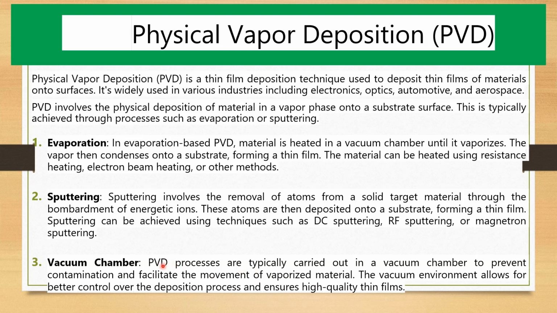So, vacuum is important to stop the contamination from impurities, and as well as a vacuum is better for the movement of vaporized atoms. The vacuum environment allows for better control over the deposition process and ensures high quality thin film.